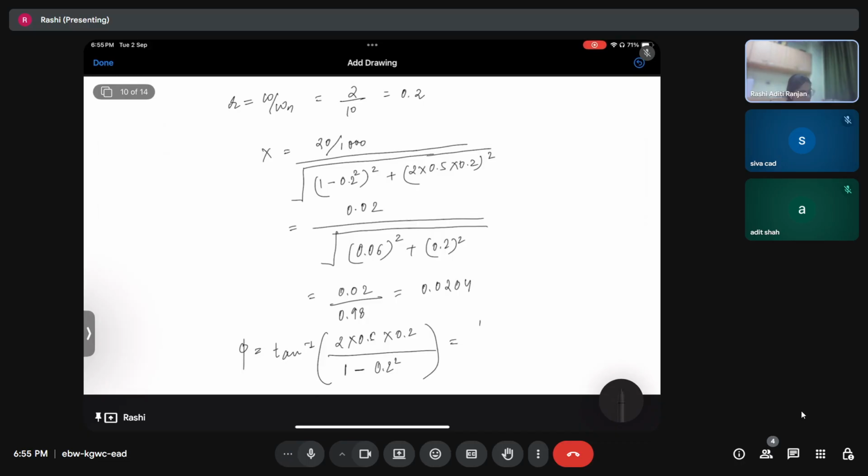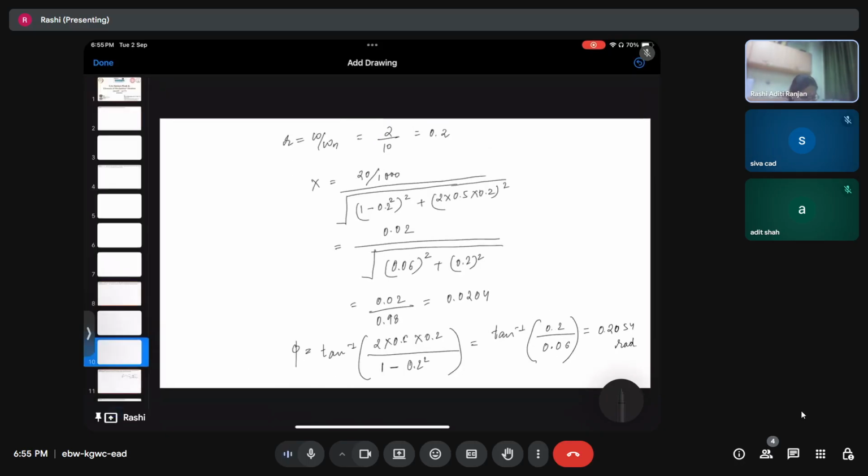So this is going to be tan inverse of 0.2 divided by 0.96. This will give the value as, I've already done the calculation, let me see. The value will come out as 0.2054 radians.